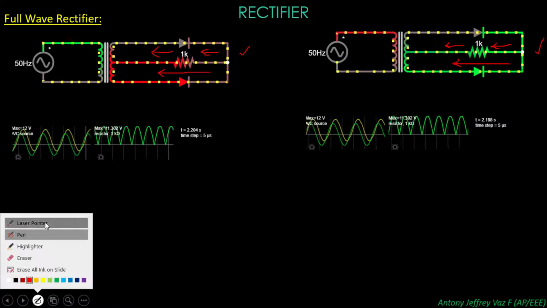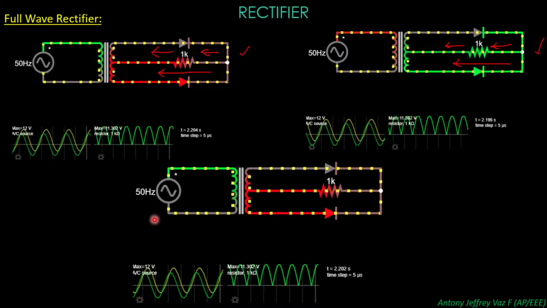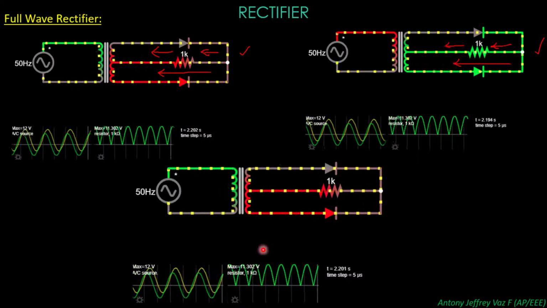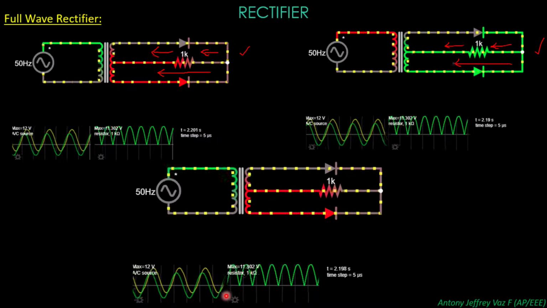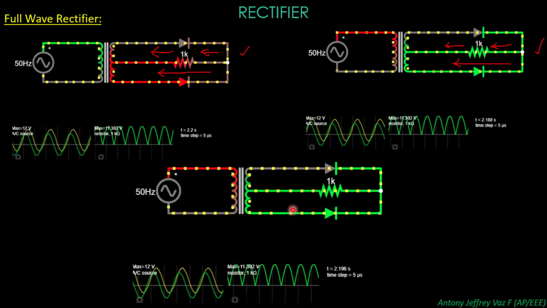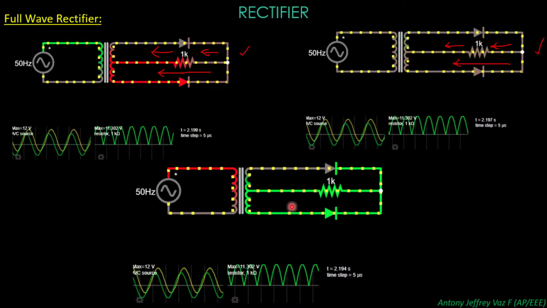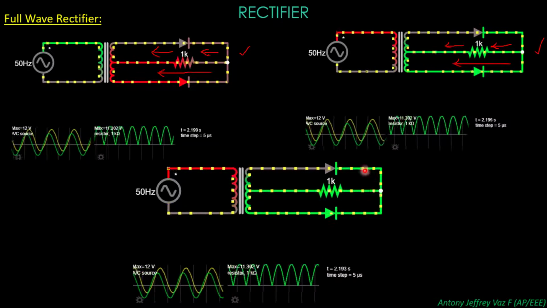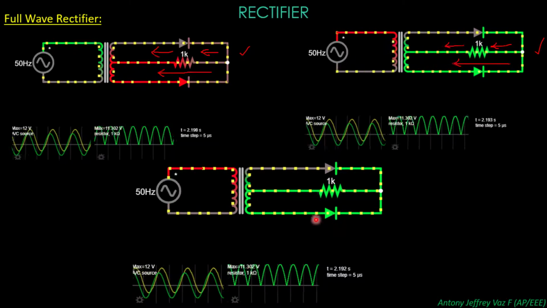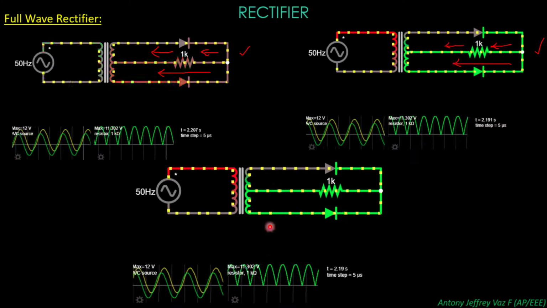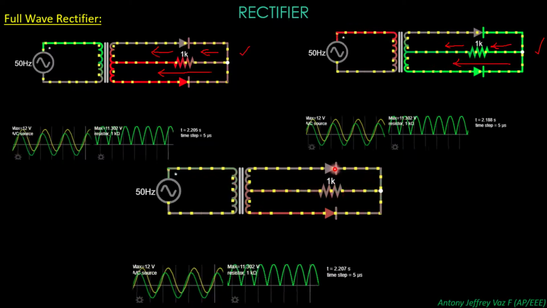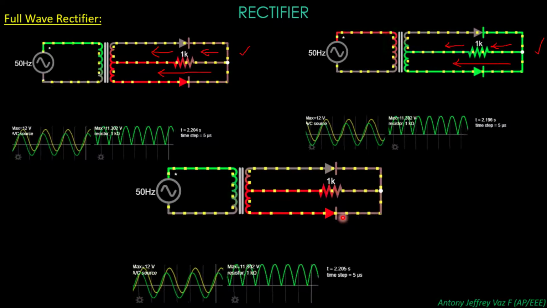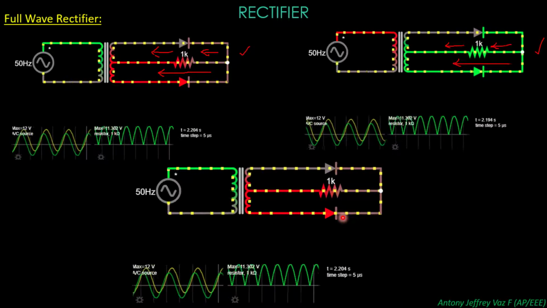So what happens here when the complete circuit is combined together, the sine wave is applied in an alternating way. At the first half cycle the current will be flowing through this one, and in the second half cycle the current will be flowing in this one. For the positive peak, diode D1 will be conducting, and for the negative peak diode D2 will be conducting.